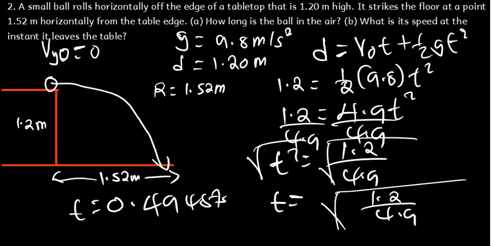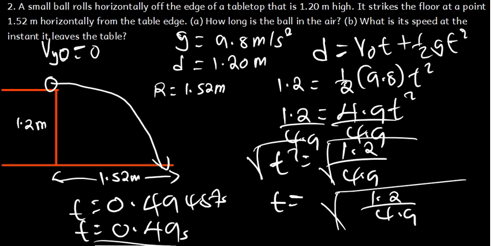I can round it off and say my time of flight is going to be 0.49 seconds, just like this. Or you can say 0.5 seconds, which is just okay. Okay, so the answer for part A is 0.49 seconds. Now we can go to part B. Part B is saying, what is its speed at the instant it leaves the table?